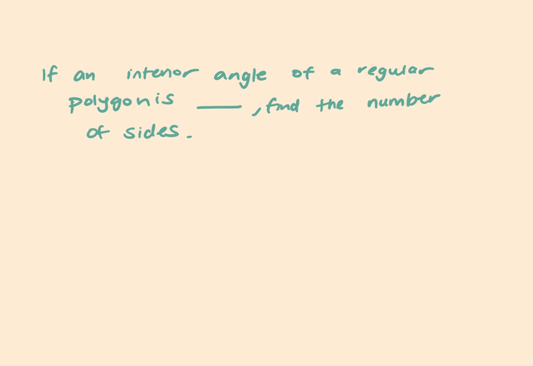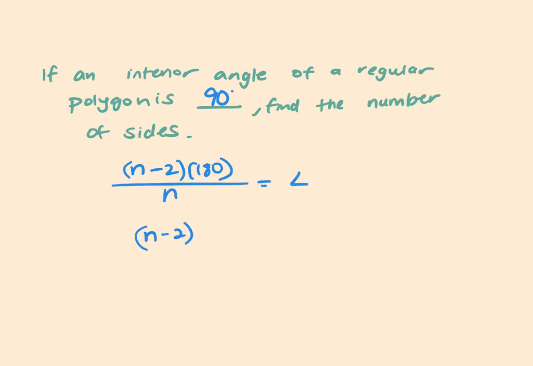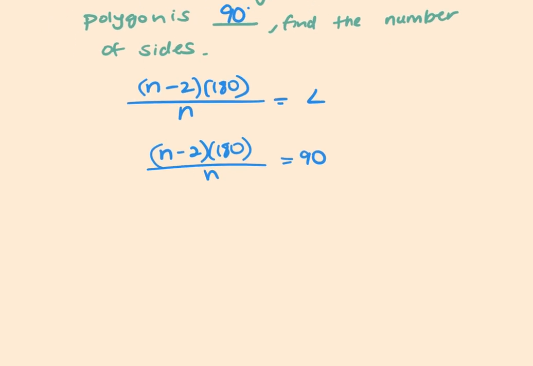One, it's got to be, again, a regular polygon. So if it gives you the interior angle of a regular polygon is blank, find the number of sides. I'm going to pick an easy one because I know this isn't on your quiz. Let's just say it's 90. So n minus 2 times 180 over n equals 90. And then I got to solve it.